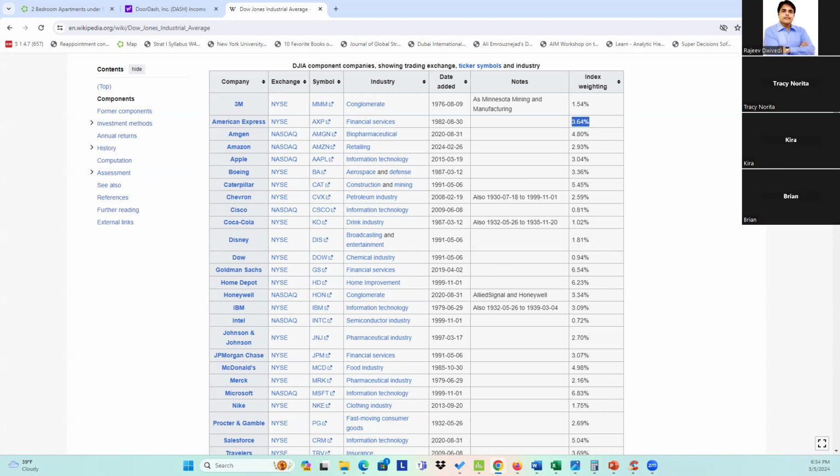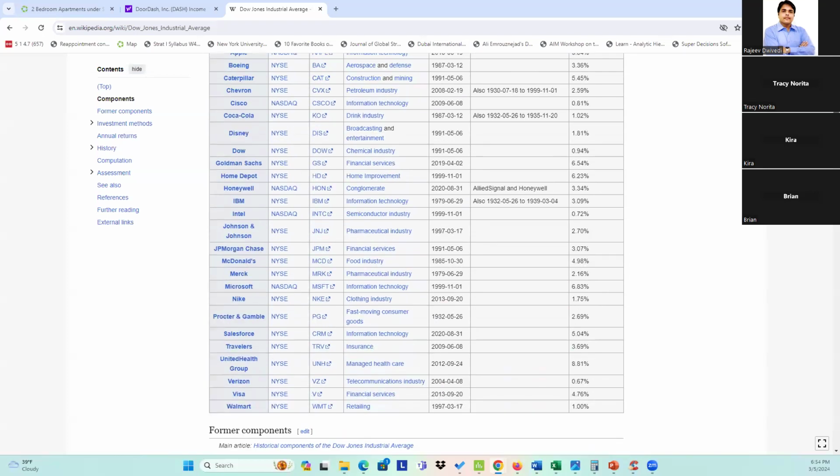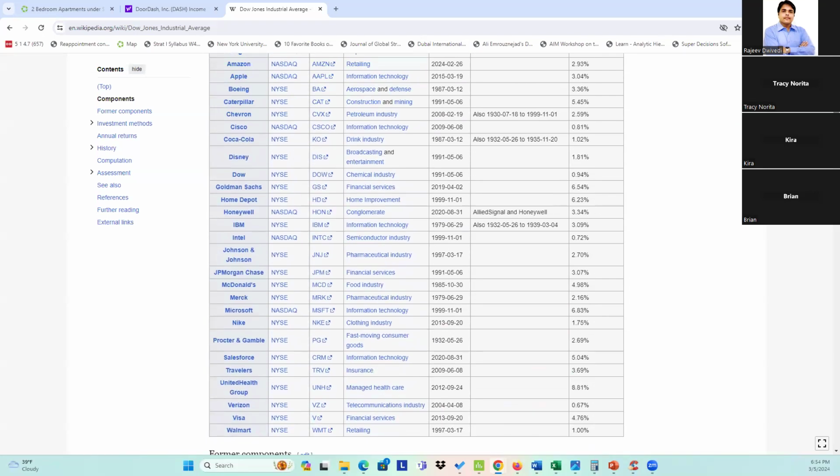You will be surprised to know that this is largely controlled, I'm not making any statement, by Berkshire Hathaway, because Warren Buffett is owning, and Blackstone or BlackRock, they own almost in every, like, few companies like Visa, American Express, Bank of America, 7%.